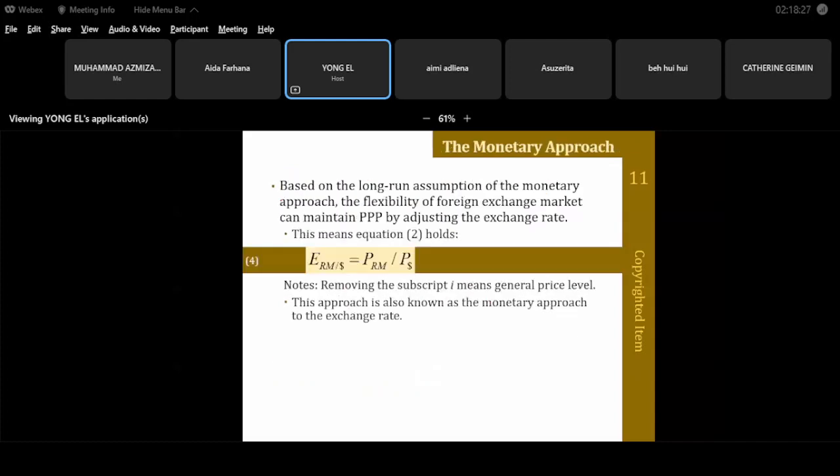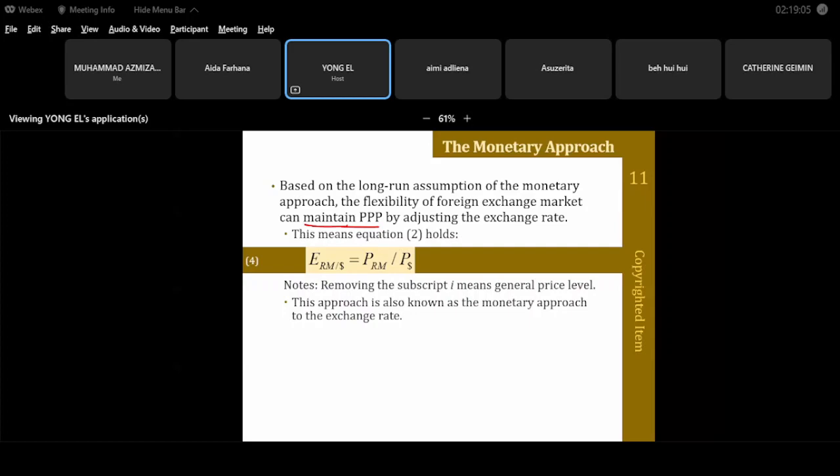Let's move to look at this equation. Look at these equations again. This is what I wrote to you. Based on the long run assumptions, the monetary approach, money supply and demand, the flexibility of the foreign exchange market can maintain PPP by adjusting the exchange rate. Our goal here is to maintain PPP, to make sure that the purchasing powers between Malaysia and the US are the same.